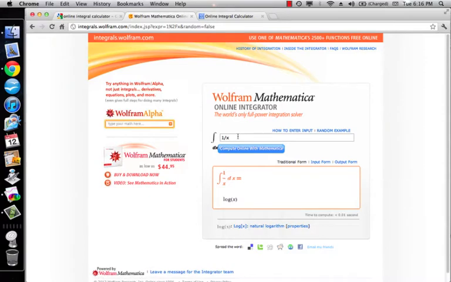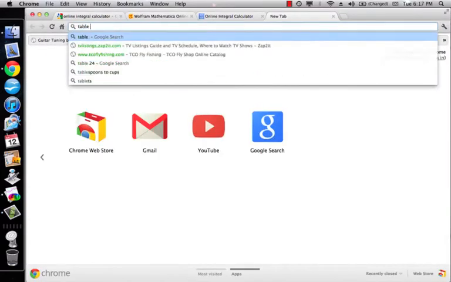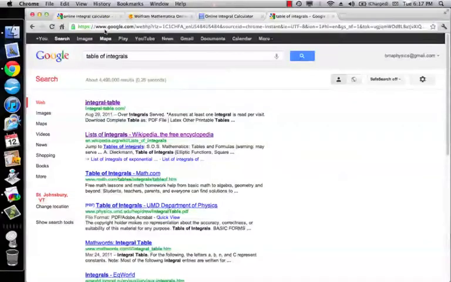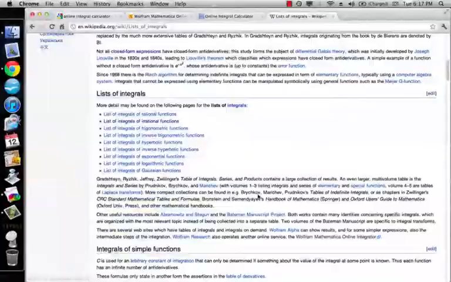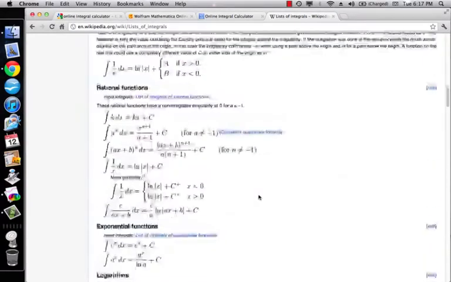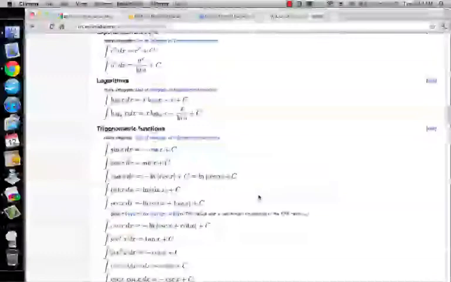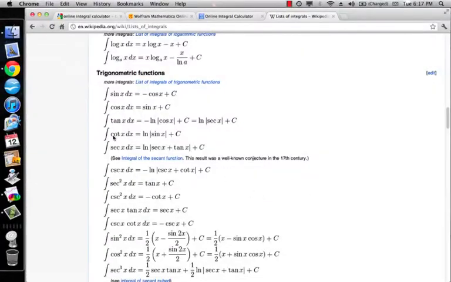If you look, I have a table of integrals, a list of integrals, and you scroll down and there are all these formulas that you can use. So the integral of tan x dx is negative ln cosine x plus c, or ln secant x plus c.